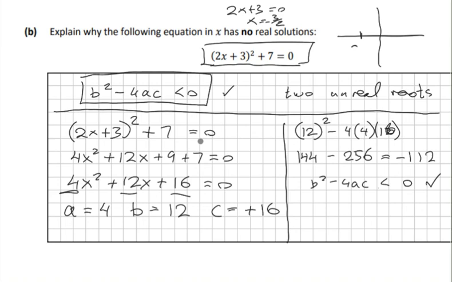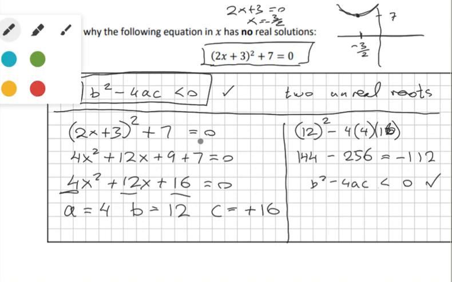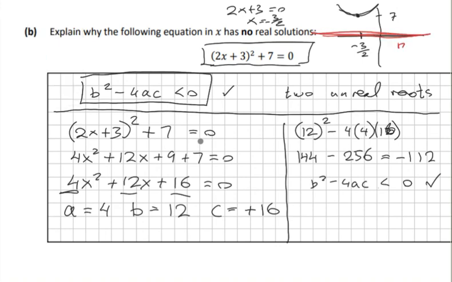That's in the x direction. And the y part of the coordinate would be plus 7. So that's a min point. As you can see, the quadratic doesn't cross over the x-axis, so there are no real solutions.